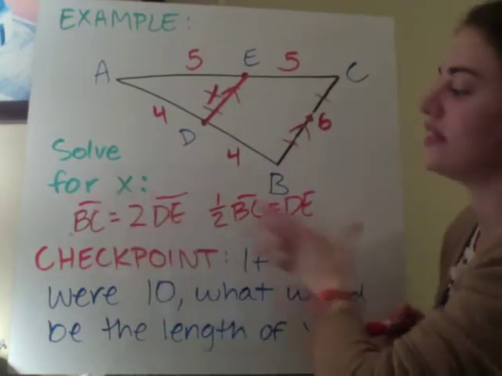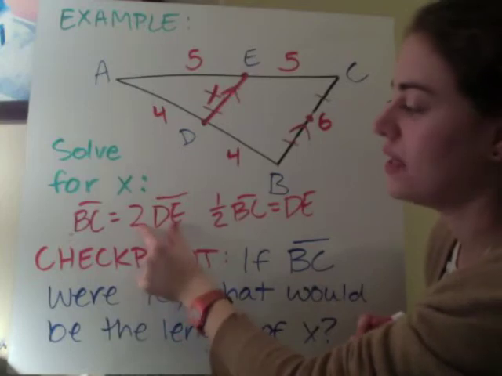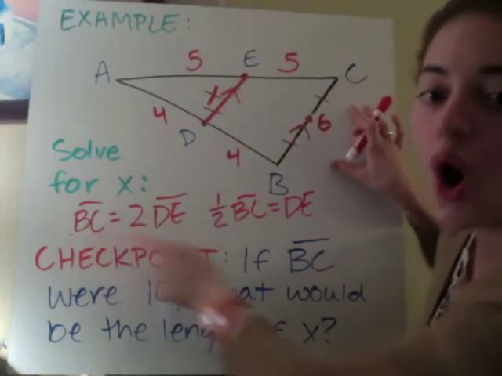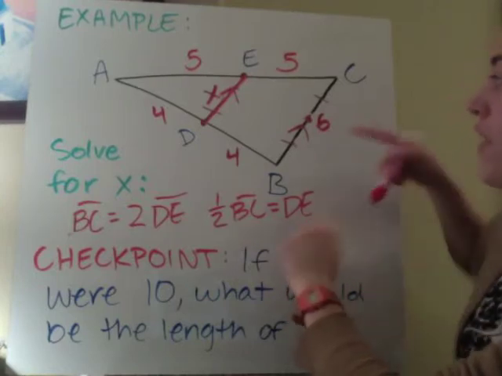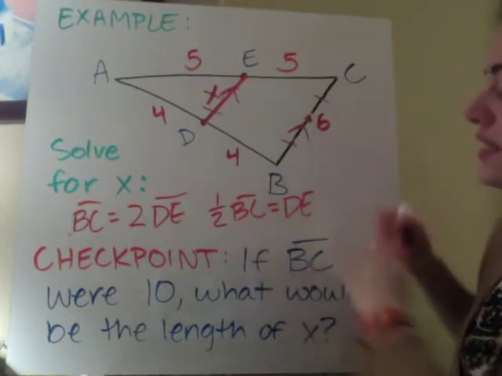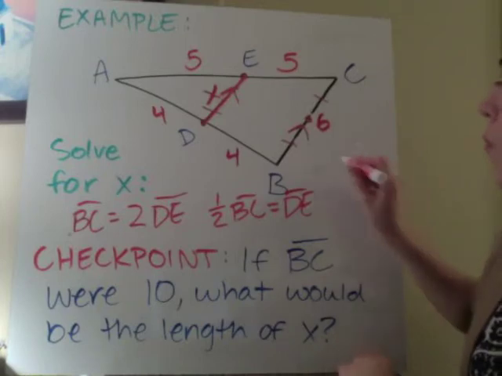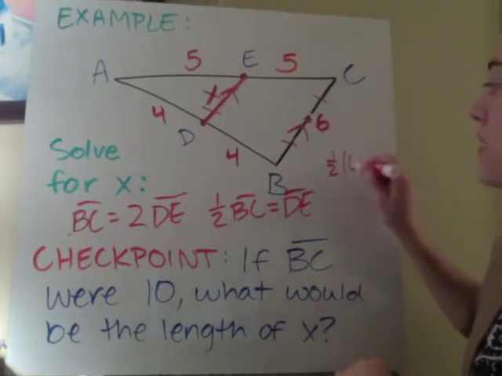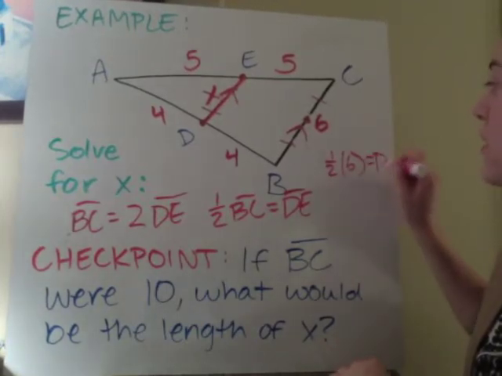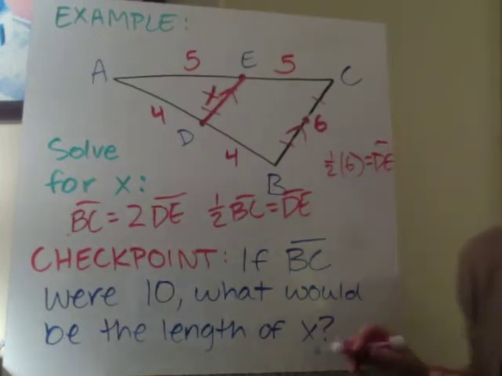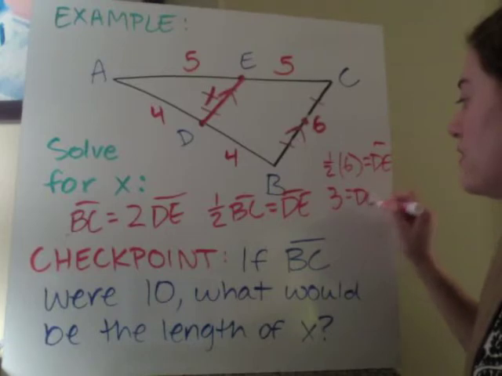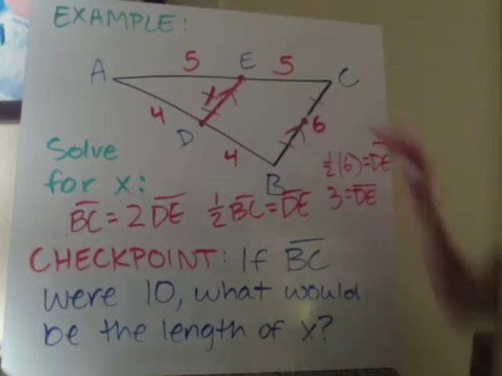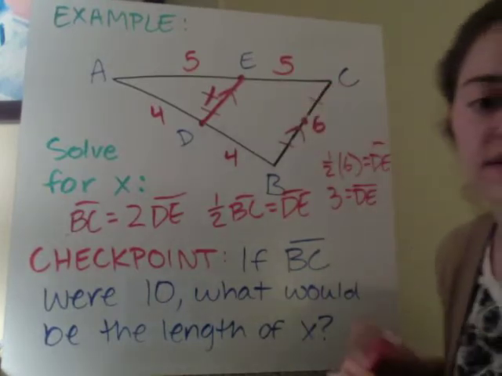These are both saying the same thing, that twice the midsegment is equal to the third side, or half the third side is equal to the midsegment. And from here I know that BC is 6. So I can say 1/2 of 6 is equal to DE. Half of 6 is 3, and that is the length of DE, which is x in this case. So that's the length of x.